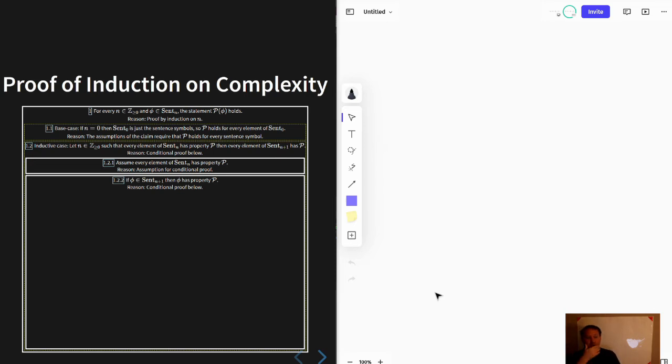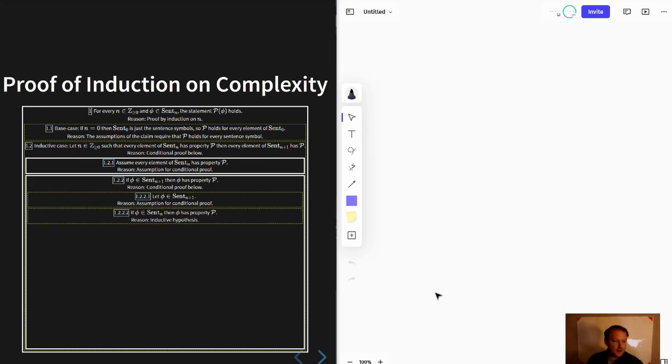So we're going to take an element out of sent n plus 1, call it phi, and we're going to prove that it has property P. We have this phi in sent n plus 1. Now, like in a previous proof, there are going to be 3 cases. Either phi is going to be in sent n, or phi is going to be in negation sent n, or phi is going to be in bullet sent n, where again bullet could take any of conjunction, disjunction, conditional, biconditional.